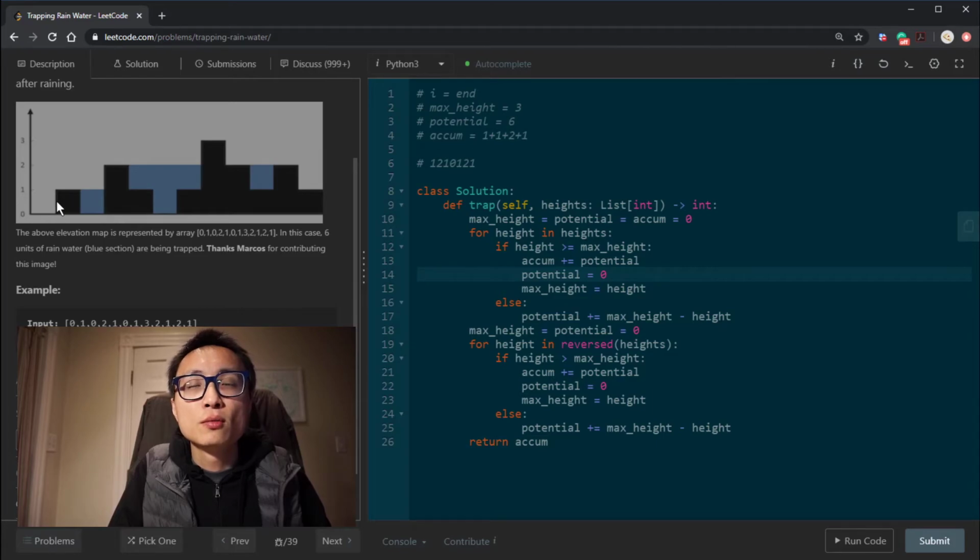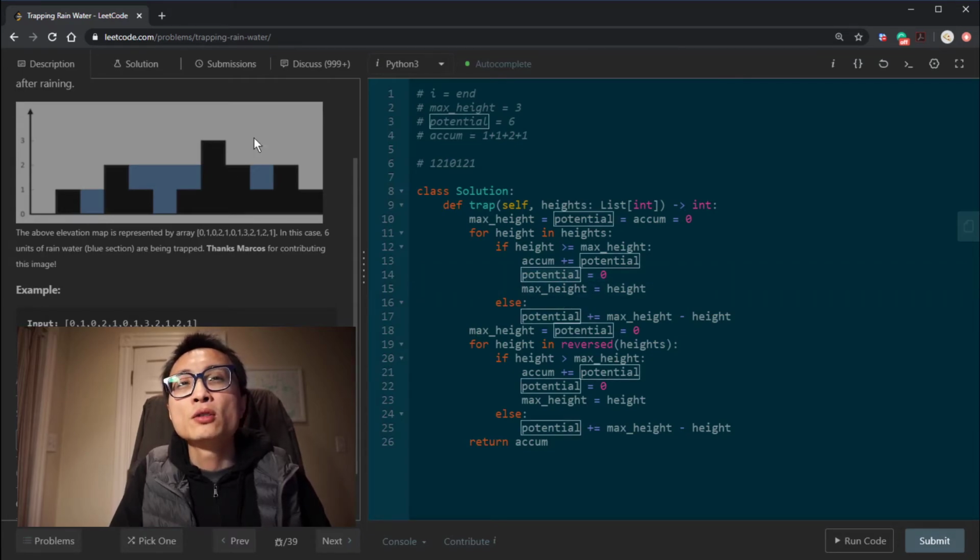If we do one pass with 2 pointers, one from the left and one from the right, we can have one of those be higher than the other side. If that's the case, we don't need to put anything on the potential, because we know on the other side there is a land that's actually higher. So everything can be directly put onto the accumulator.